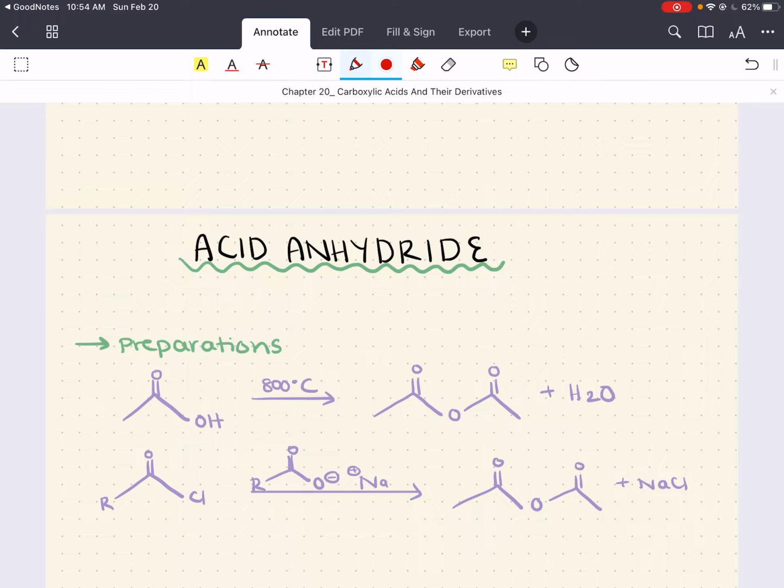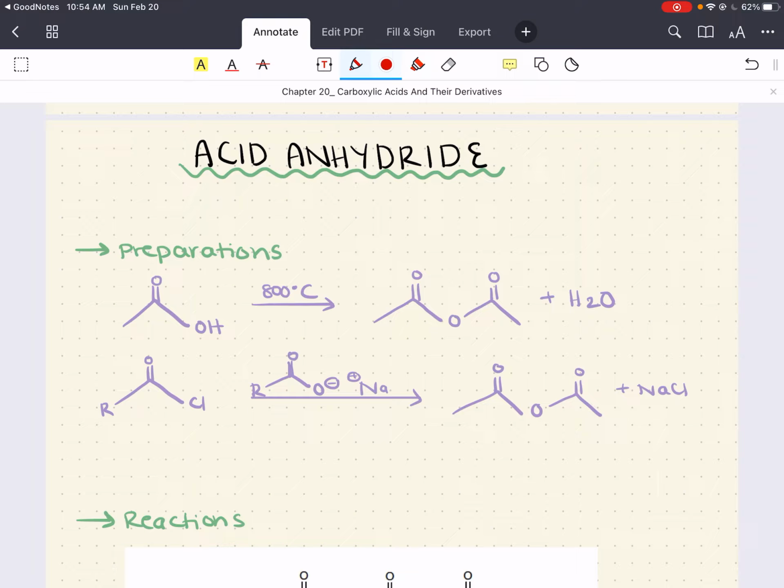Now, carboxylic acids can be converted into acid anhydrides with excessive heating. With excessive heating, you can react carboxylic acids with each other and produce acid anhydride. This method really is only practical for acetic acid, as other acids cannot survive excessive heat.